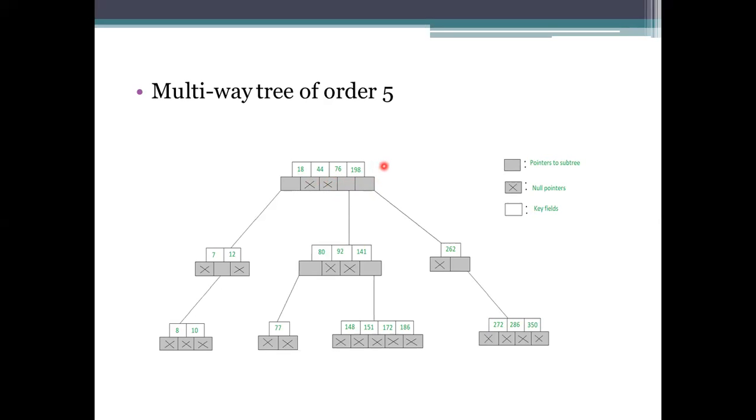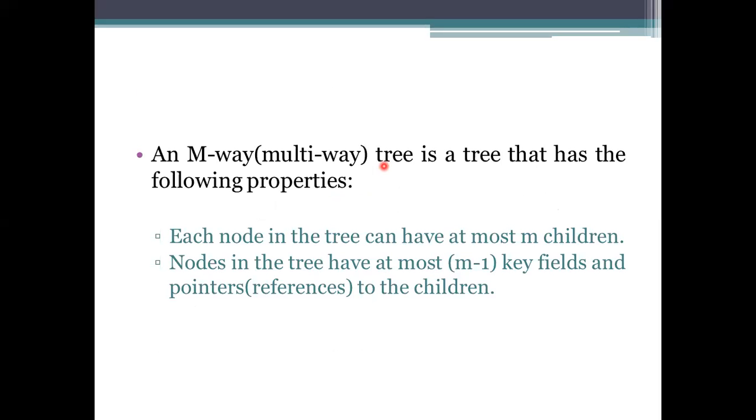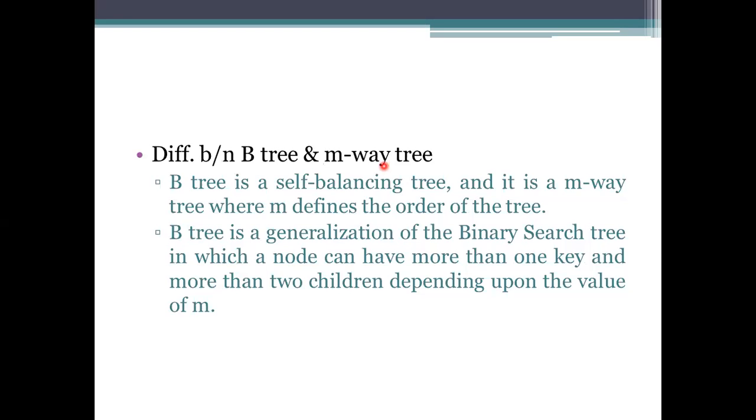If you take M elements here, we should provide M+1 places, so we should allow multiple pointers for connecting to the subtrees. So these are the 2 properties we need to consider while dealing with this M-way tree.